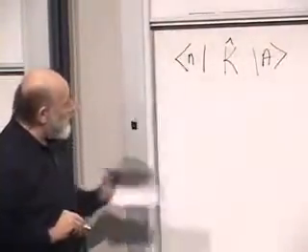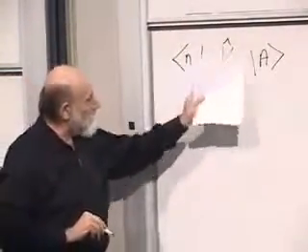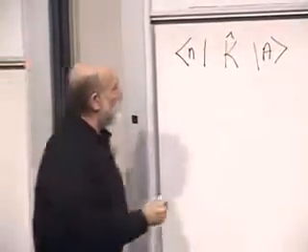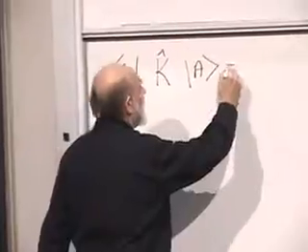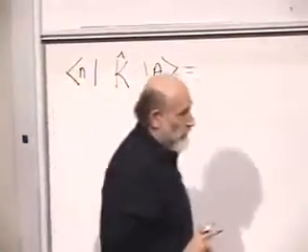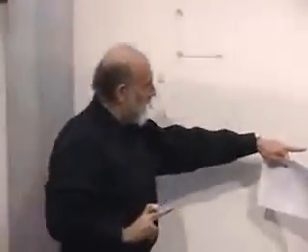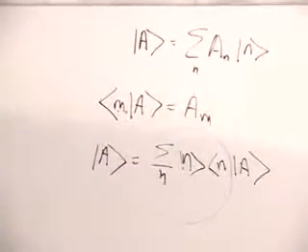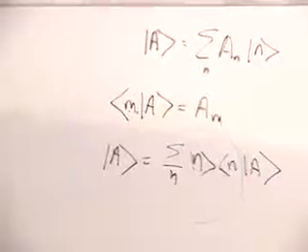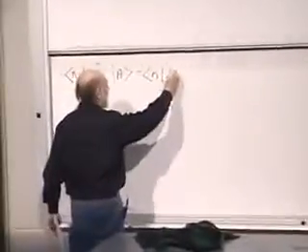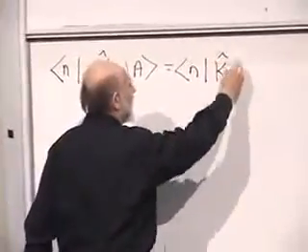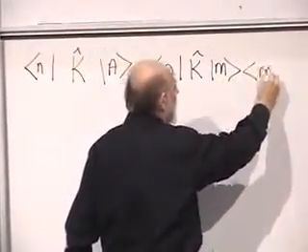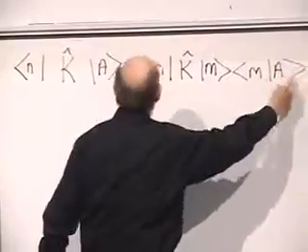So this is the nth component of the vector K acting on A. Let's work this out by writing A in terms of components. So let's plug in for A the sum over m of m times the inner product of m with A.